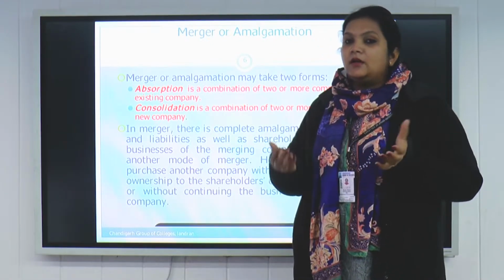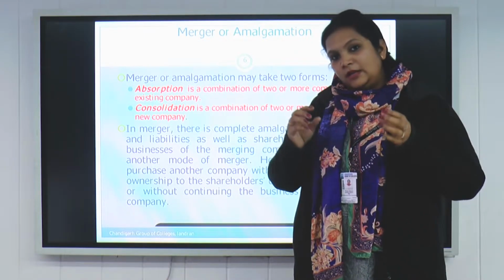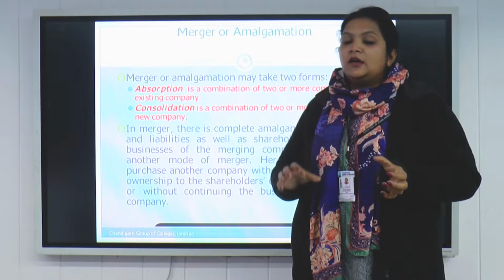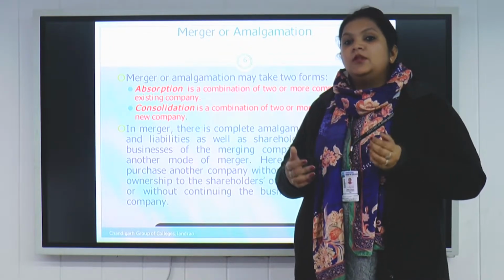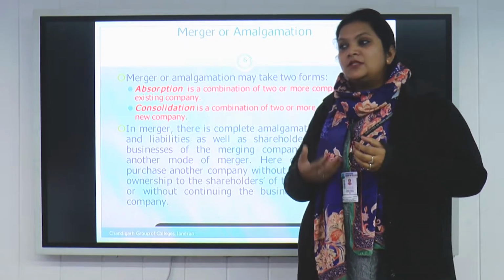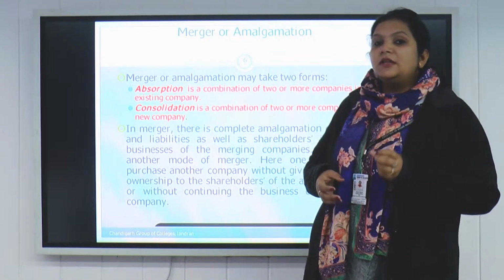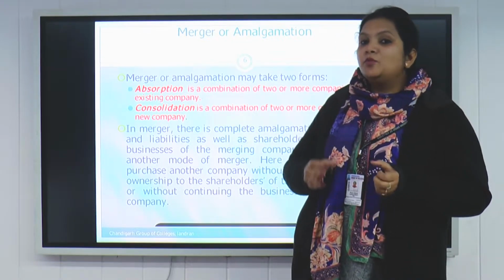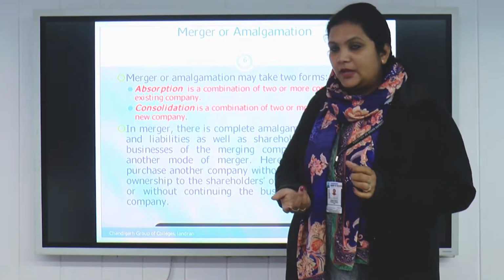For example, we have two shareholders, Ram and Sham, in company A, and company A gets merged into company B. They do not pay the shareholders their interest while amalgamating the company, but rather they give the proportionate amount of shares in company B. Right?